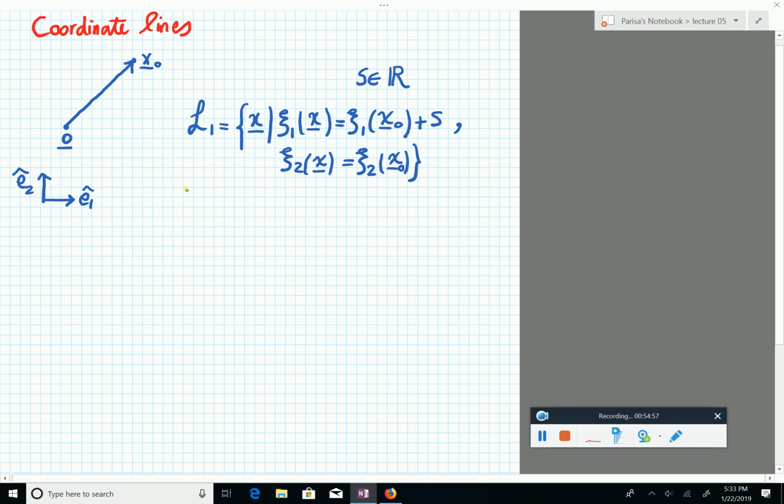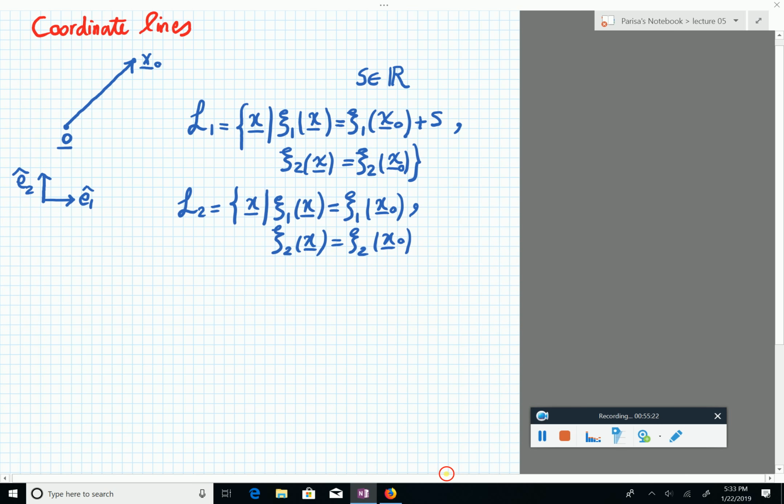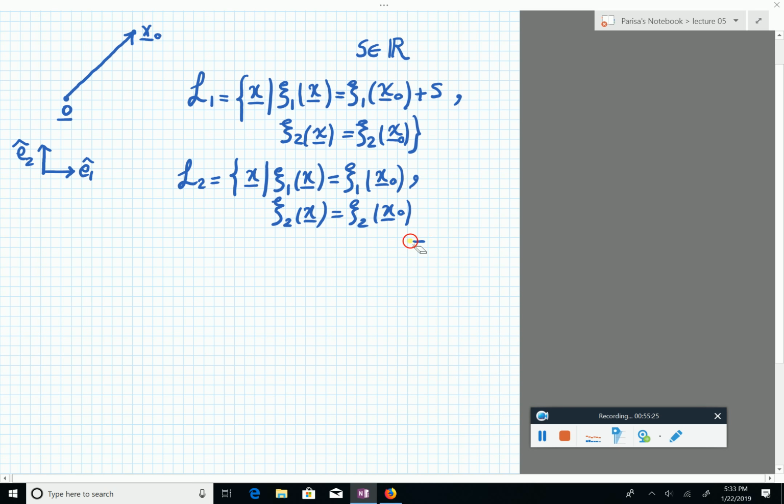And then L2. There is a reason I introduce these.